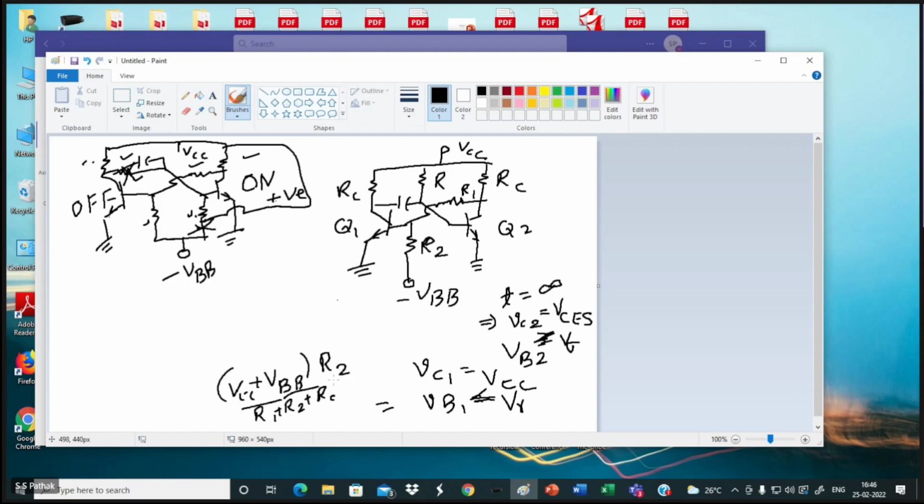And this equation I have to solve so that this becomes smaller than V gamma.